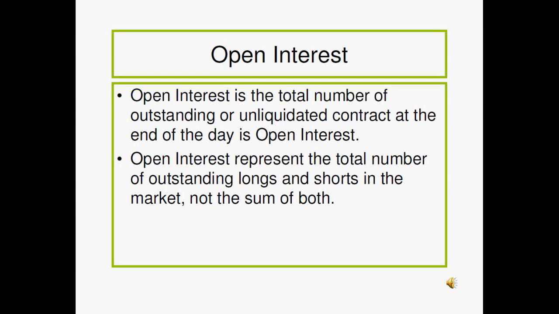Open interest is 4 only, because the earlier two guys were squared off, and D has taken up 2 buy positions. So they square off. Ultimately what happens? Open interest remains the same.